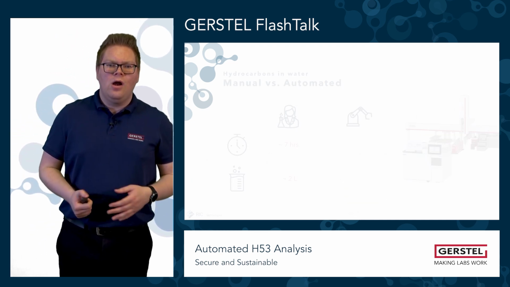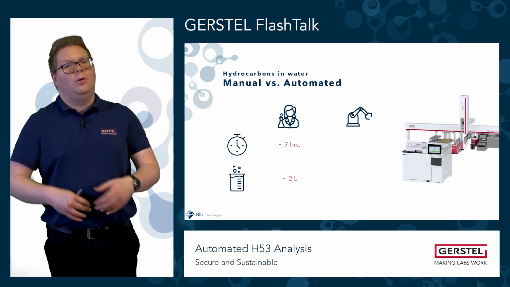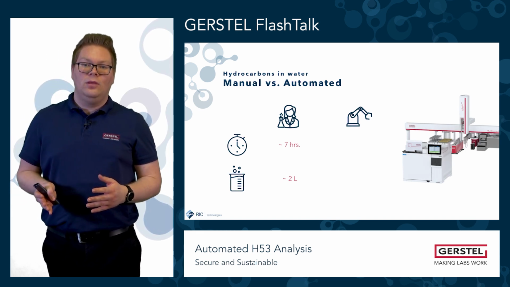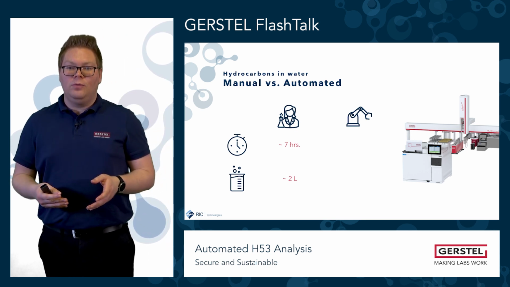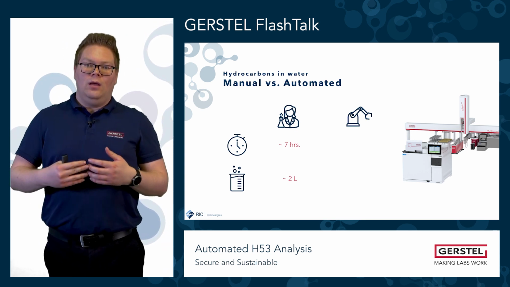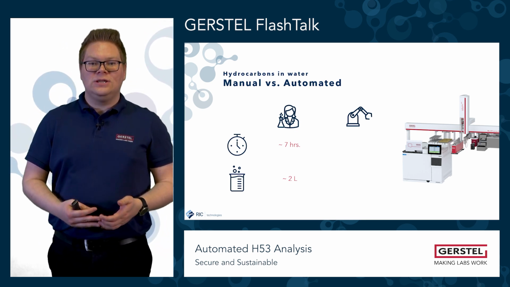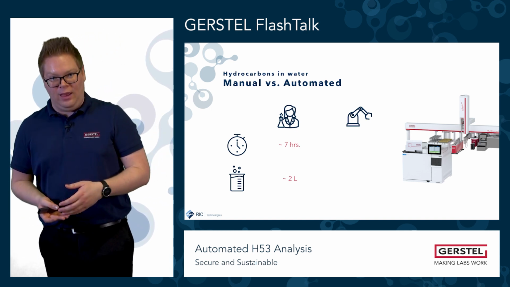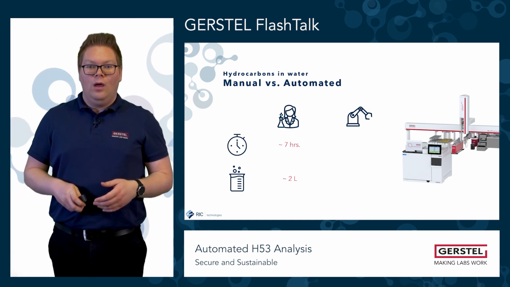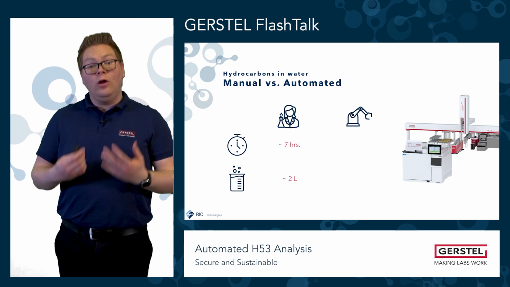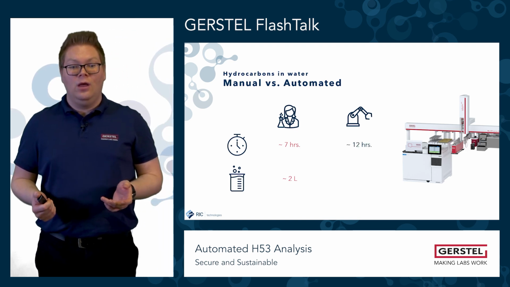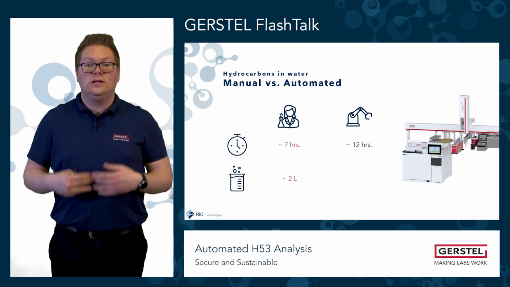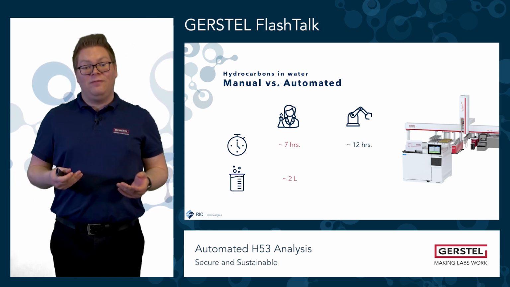Let's compare the manual sample prep with the automated sample prep. As we saw before, using the manual procedure, we spent 7 hours and 2 liters of hexane. By automating this sample preparation, we have to spend 12 hours for 12 samples.